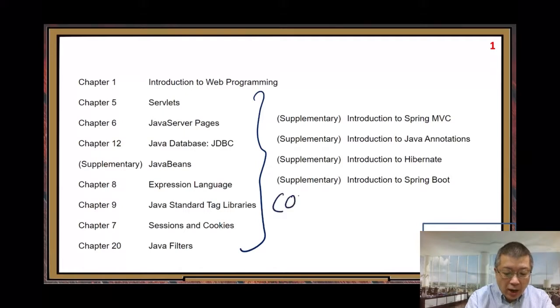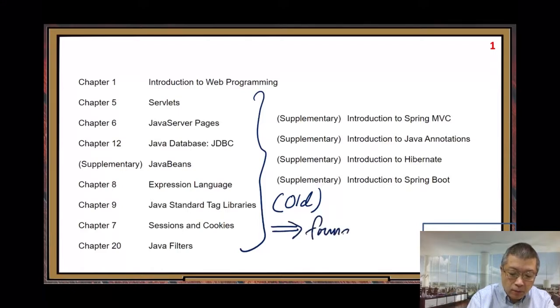The topics in the first part are relatively old, because they have been available for a long time. Although they are old, we use them as the foundation of our Java web technology.